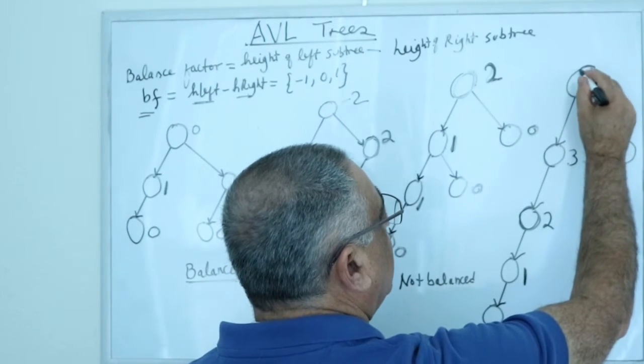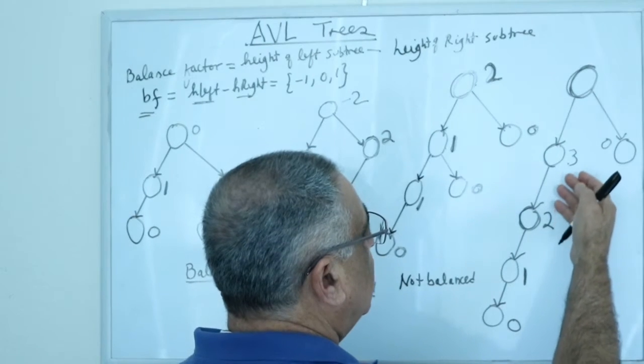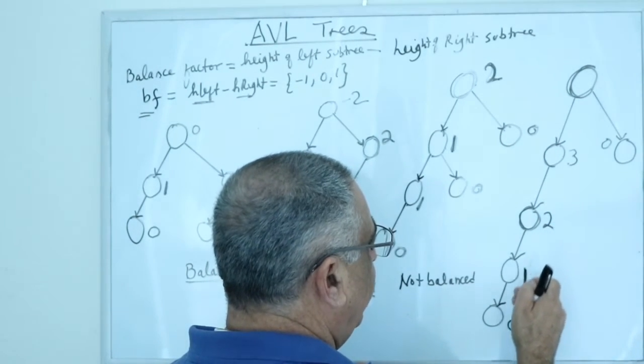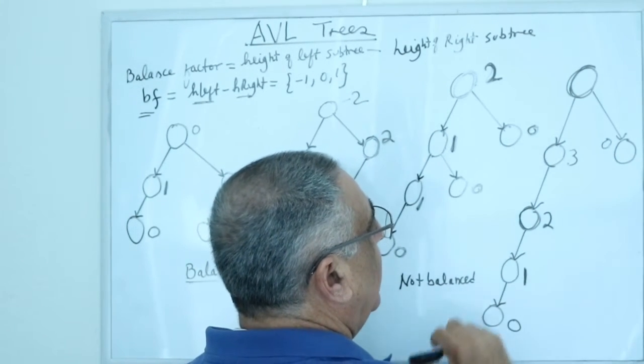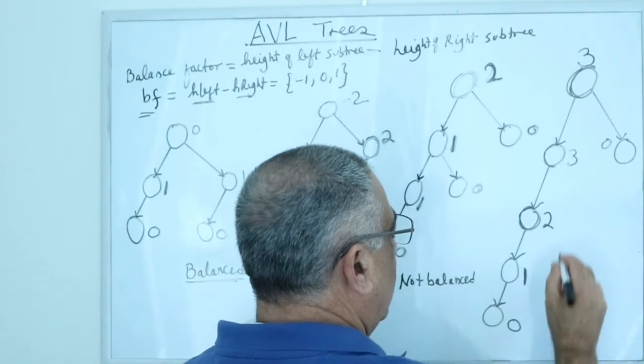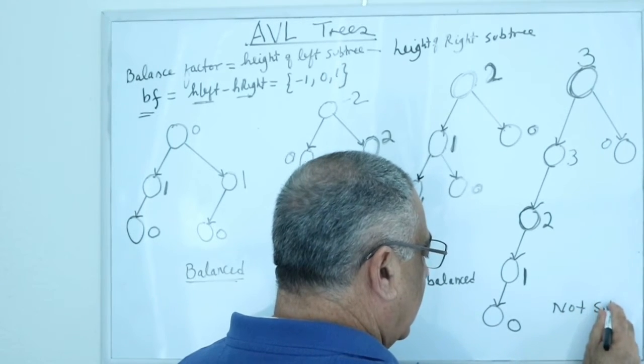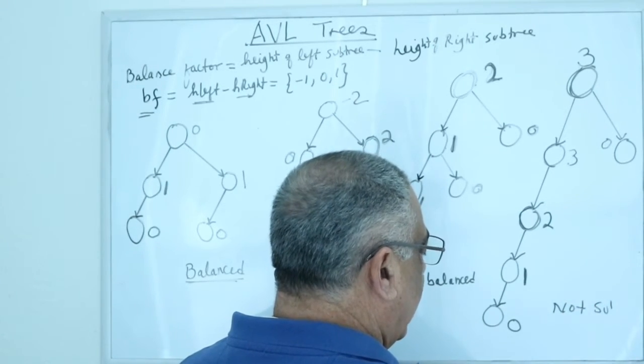Now this one here, left subtree is 0, right subtree is 0. Now if I go back to the root, the left subtree has depth 1, 2, 3, 4. The right subtree is 1. 4 minus 1, that's a 3. So definitely this AVL tree is not balanced.